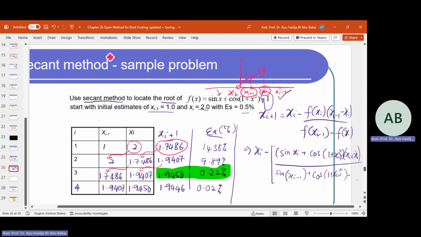So that's why for the first iteration, we can get this EA. Until the third iteration, the EA is already lesser than 0.5.